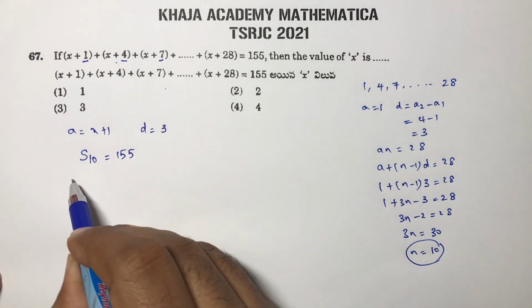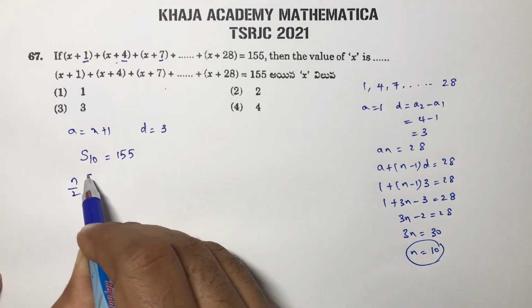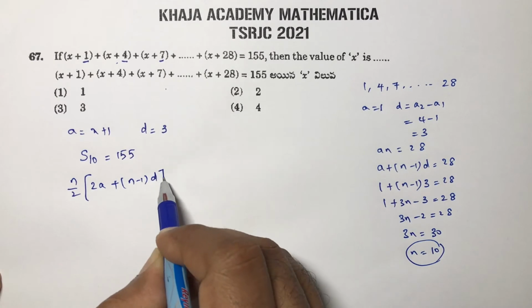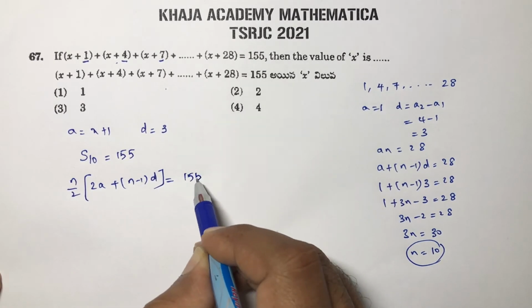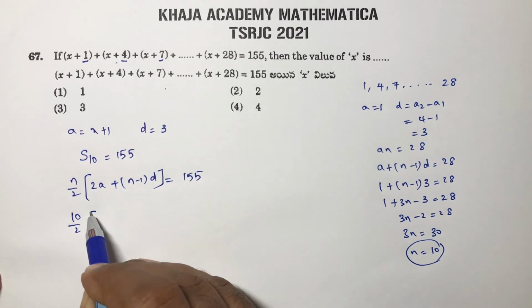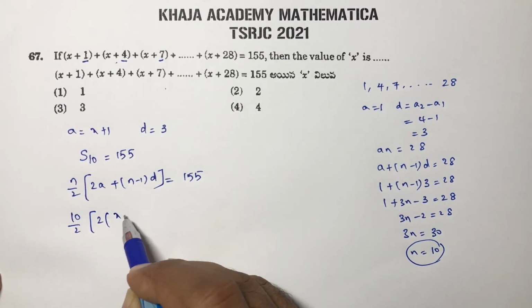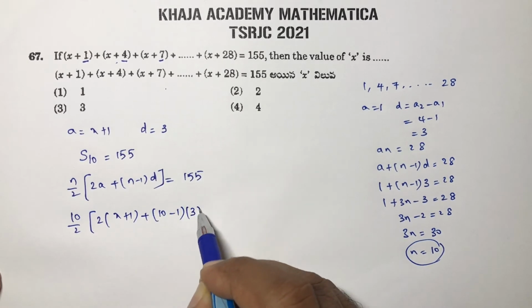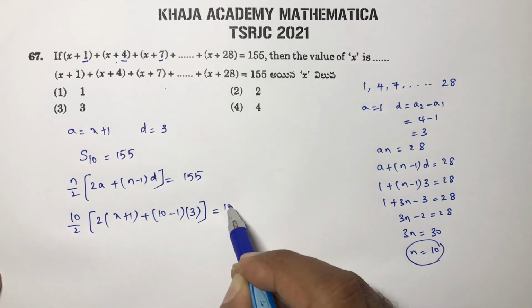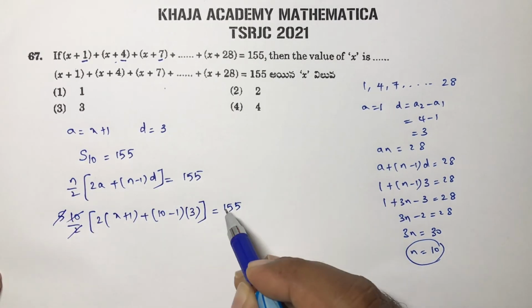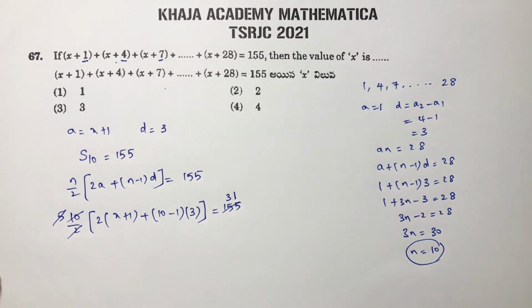Sum of n terms formula is n by 2 into 2a plus n minus 1 into d, which is 155. For 10 terms, 2a, where a is x plus 1, plus 10 minus 1 into 3, is 155. 2 times 1, 2 times 5. 5 times 31.